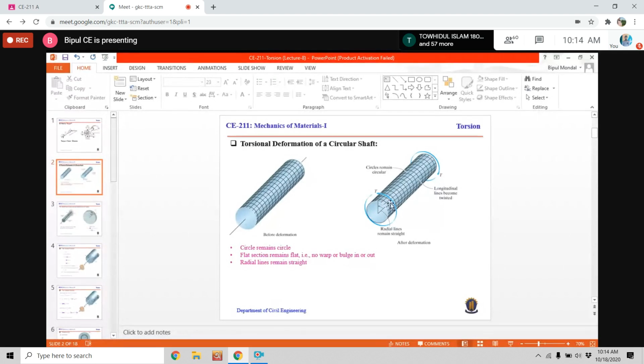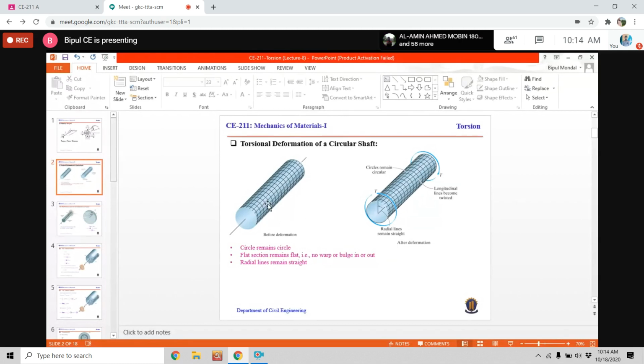And if we compare these two figures, then we will see the circle in the first figure is similar to the circle in the second figure. That means circle remains circle, although the circle has been rotated.